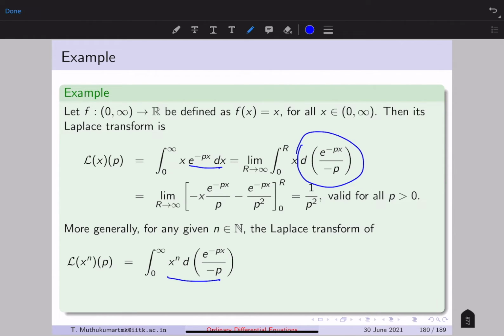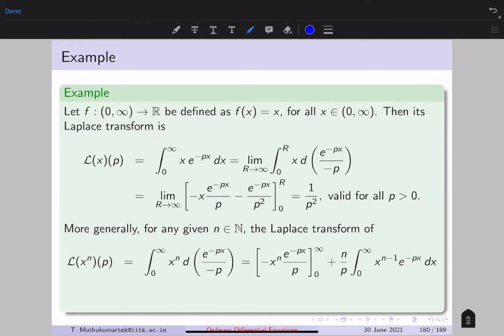Now you apply integration by parts once. So you get this with an integral here, and this is something, again, the way we handled before, we can handle. Here if you apply the infinity, there's an r here, it will go to 0.